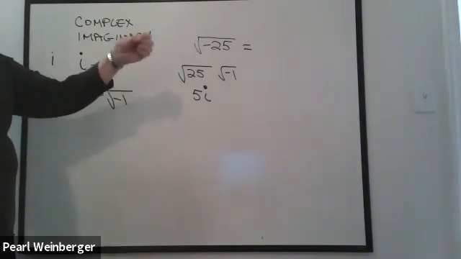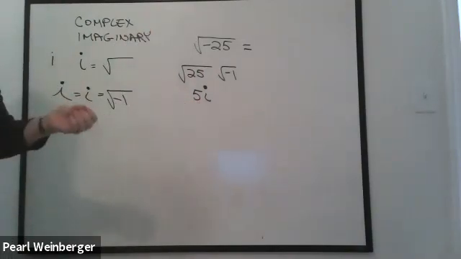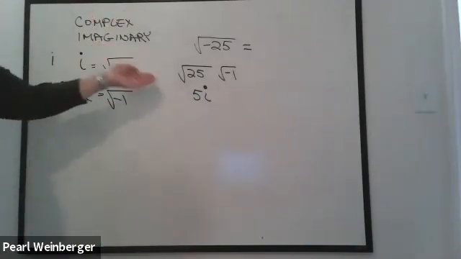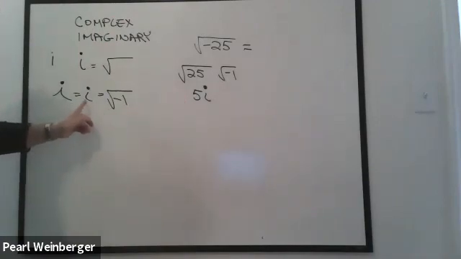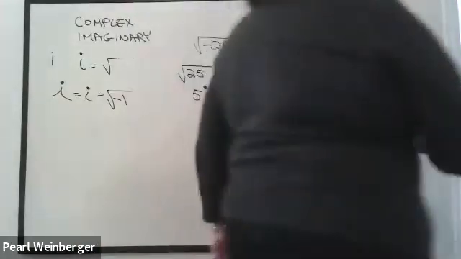As soon as you hear or see the letter i, this little script i, that's telling you that we're working not in the real number system, but in the expanded number system that includes this additional number i, which is the square root of -1. Now, let's see how we work out problems with this new number i.